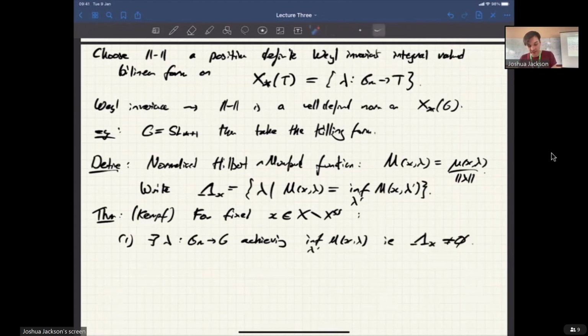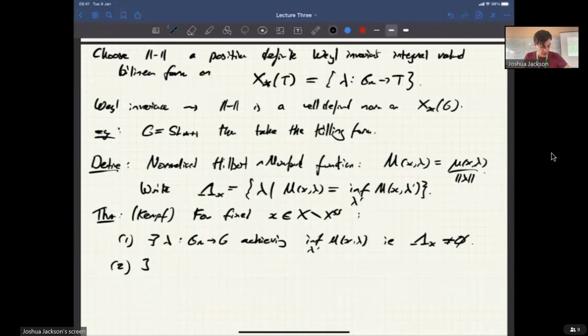You should think of this set as being the worst one-parameter subgroups for the point x. Sometimes these are called one-parameter subgroups adapted to the point x. But really, they're the ones that maximally violate the Hilbert-Mumford criterion, the witnesses to how unstable that point is. Okay, so that's the first part of the result.